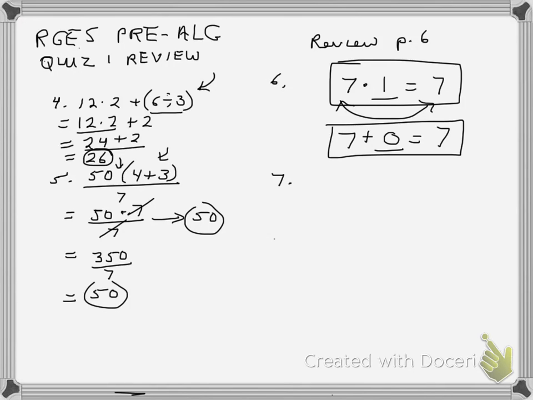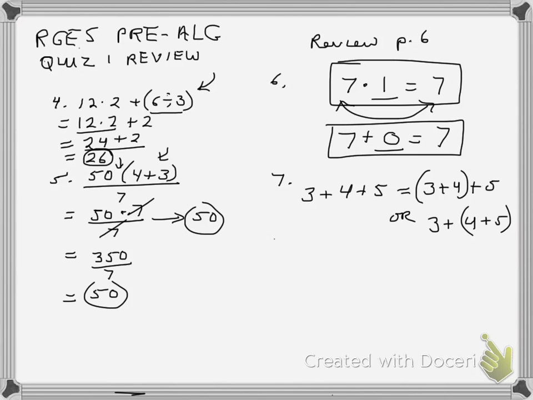Because it's addition, I need to write 3 values with additions: 3 plus 4 plus 5. Now I need to show association. That means I need to either associate these two and then add the 5, or I could associate the 4 and the 5 and then add the 3.